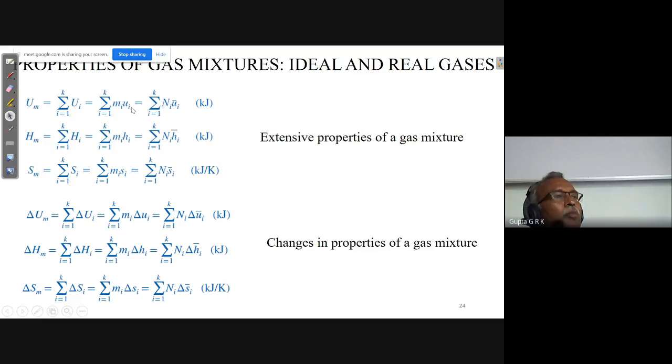This is kilojoule per kg, this is kilojoule per kilomole. That is the way I can find the property of the mixture, knowing the properties of individual components, and the change in properties of the mixture, knowing the change in property of individual components. You just have to use sigma.